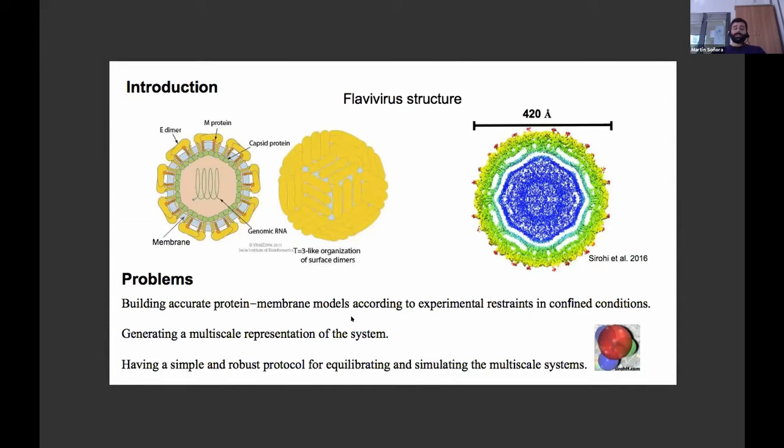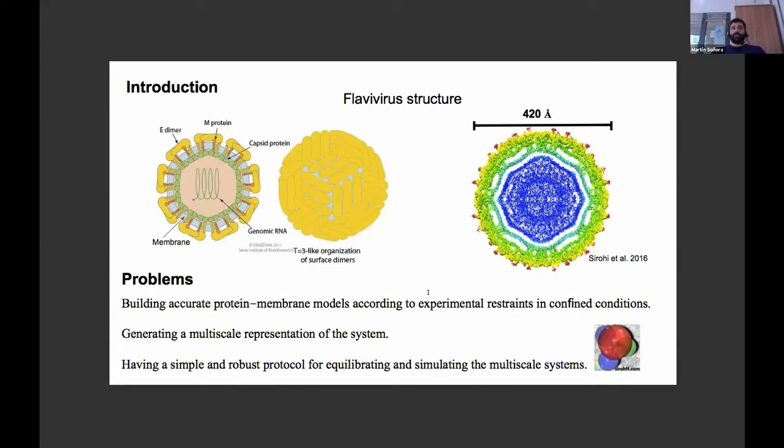But building and setting up intricate viral systems like the viral-like particles presented here remains a computational challenge, in particular because the experimental resolution and the distribution of different constituents in confined compartments, like the small space between viral proteins and their membranes, may hinder the proper setup, equilibration, and reproducibility of the simulations.